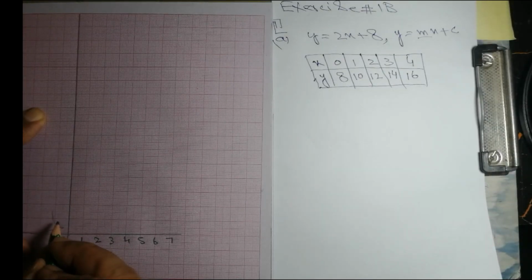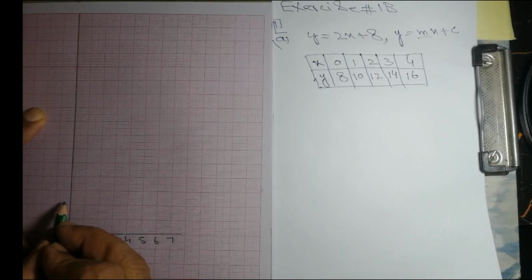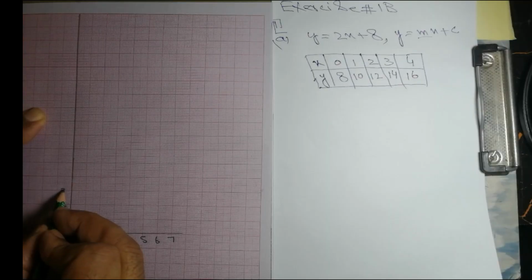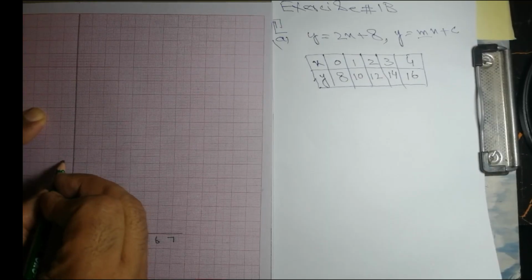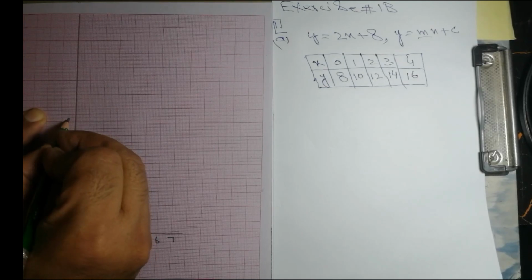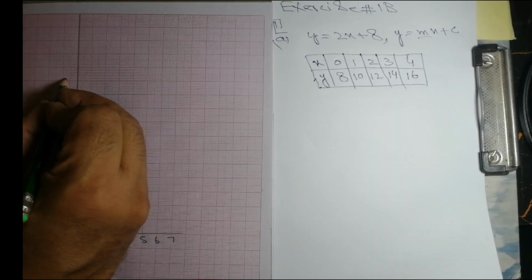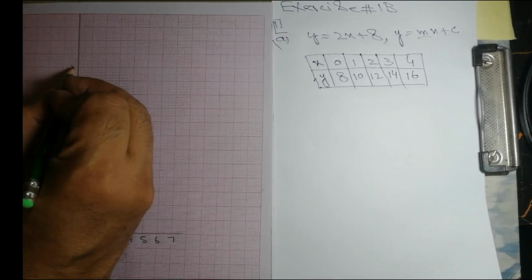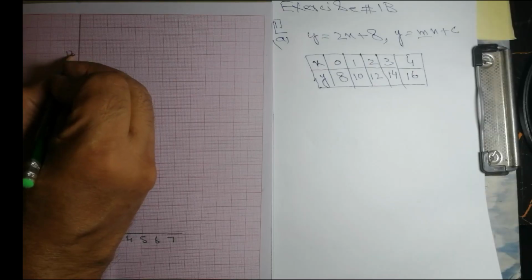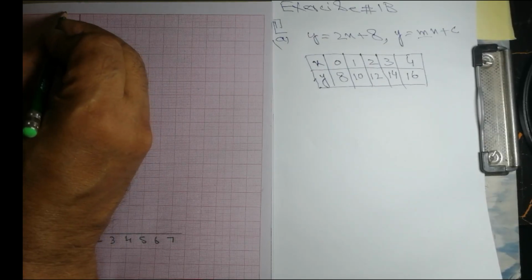Similarly on the y-axis, 1 centimeter should be equal to 1 unit. So 1, 2, 3, 4, 5, 6, 7, 8, 9, 10, 11, 12, 13, 14, 15, and 16.